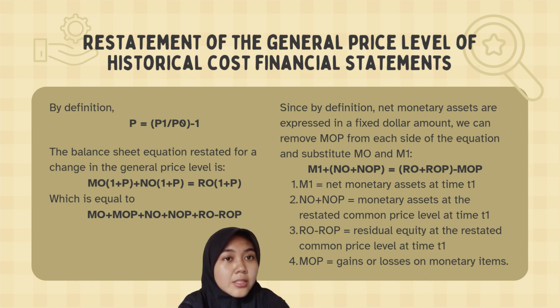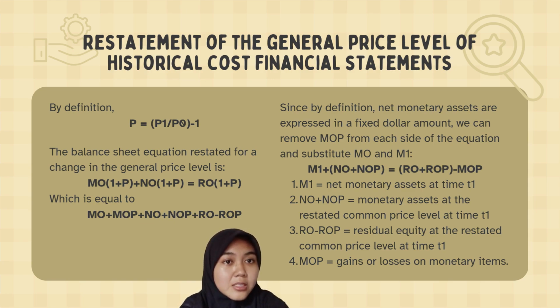The first one is M1, which represents net monetary assets at time T1. The second one is N0 + N0P, which represents non-monetary assets at the restated common price level at time T1.